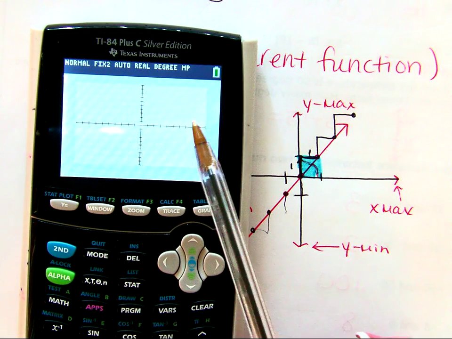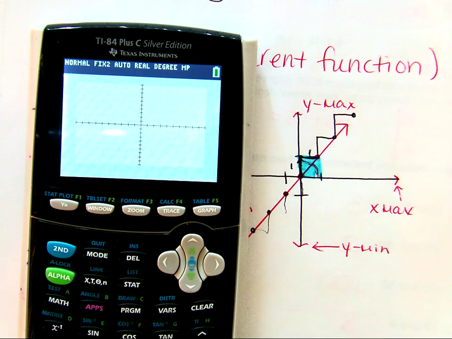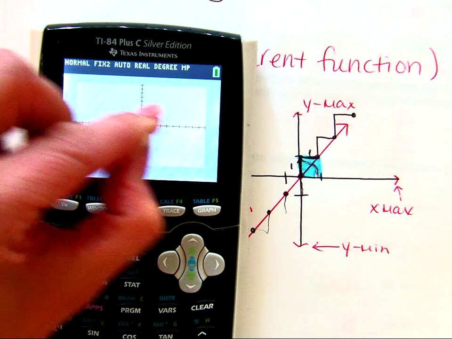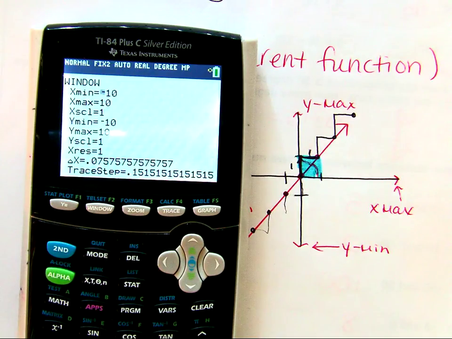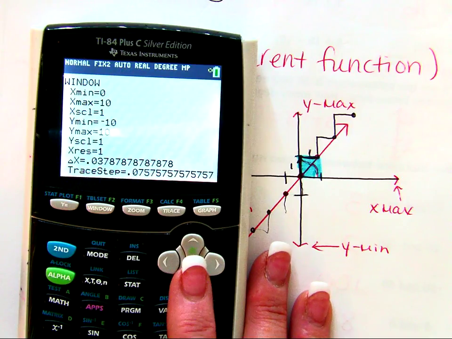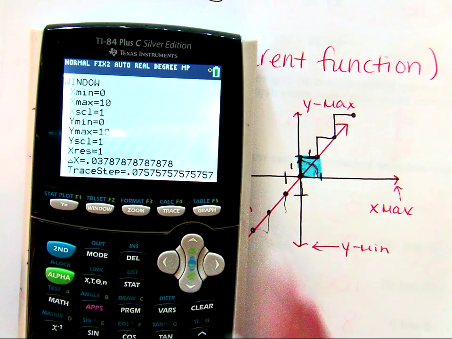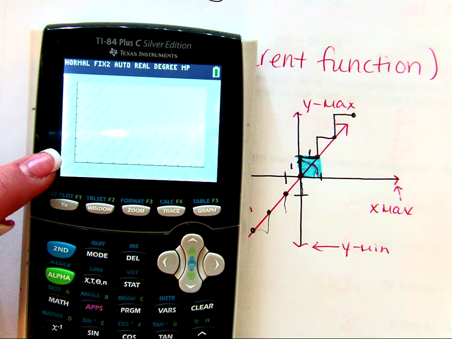Negative 10, positive 10, negative 10, positive 10. But you know how we do like a Google Earth and sometimes we want to zoom in on quadrant 1? I would go to window and say I want my x-min to only go to 0, and my y-min to only go to 0. Then when I graph that, I only see quadrant 1.